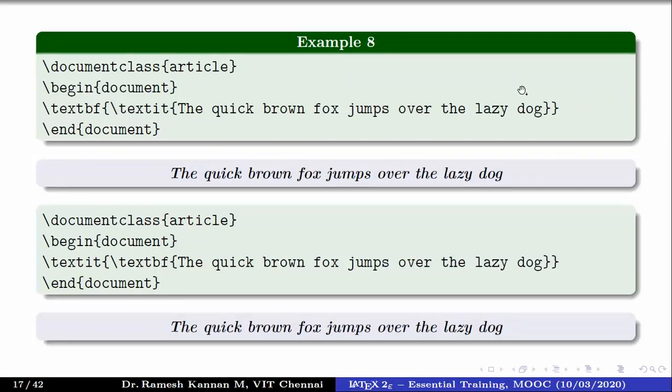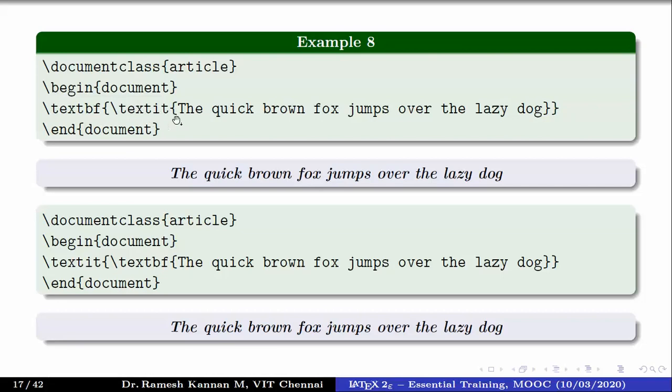And this is the incorporation of two or three fonts. For example, the entire text is bold, so \textbf is bold, and whatever content we put in between will be bold, but we have made the content in between italics.